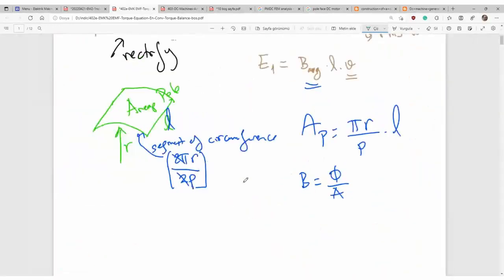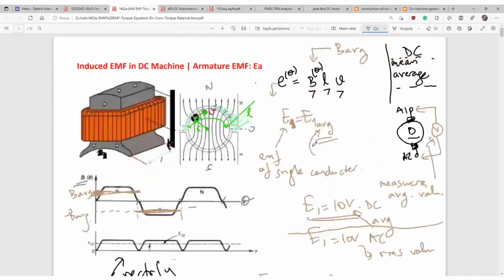Let's say pole flux. That is all the flux coming out of one pole, going through the rotor.